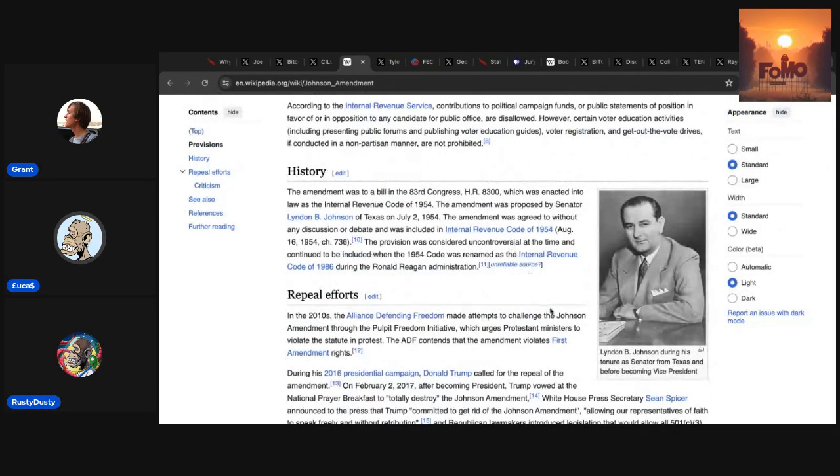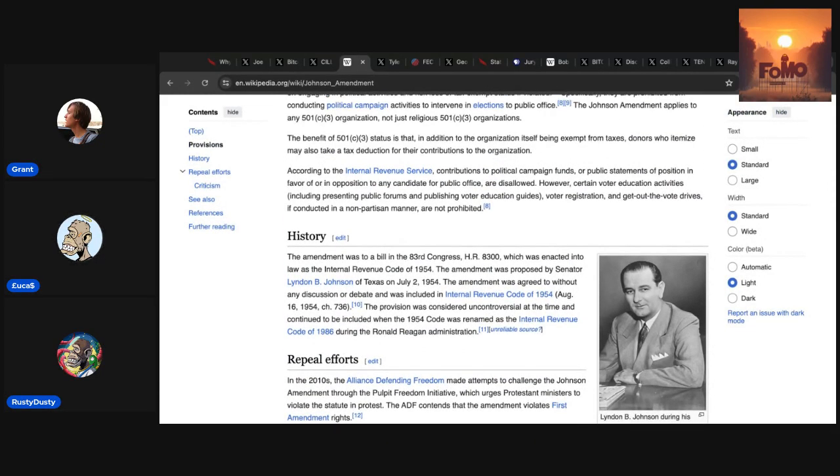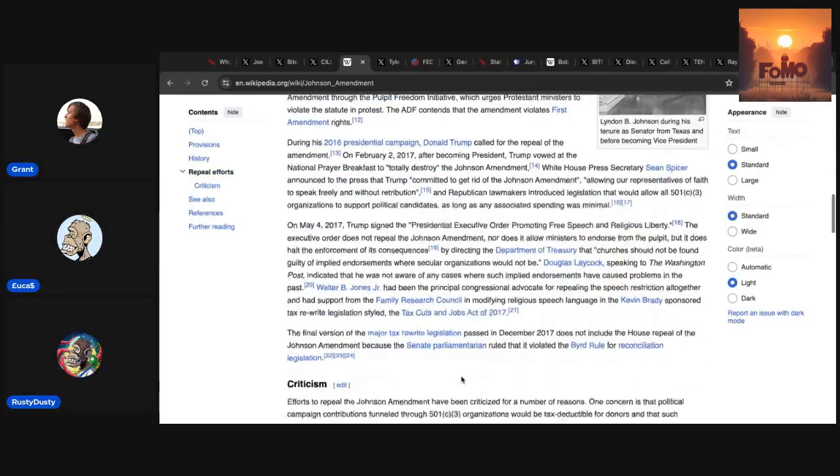This was largely targeted towards churches, and said if you're not paying taxes, then you don't get free speech. And everyone should be guaranteed free speech.